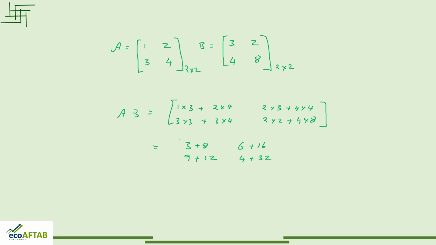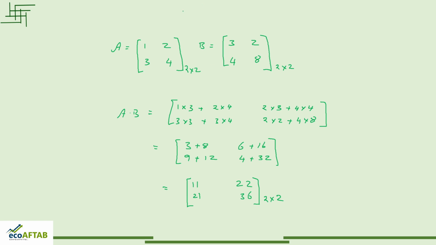So this will be 11, 21, 22, 36. So this is the value of A multiplied by B, and this is also a 2 by 2 matrix.